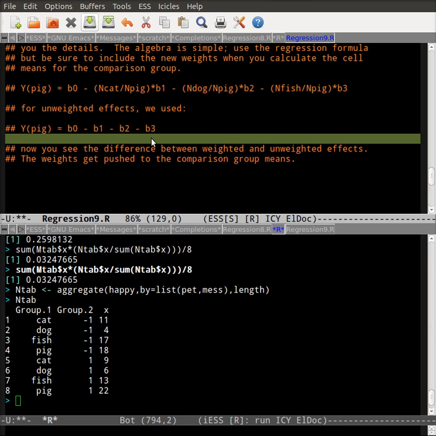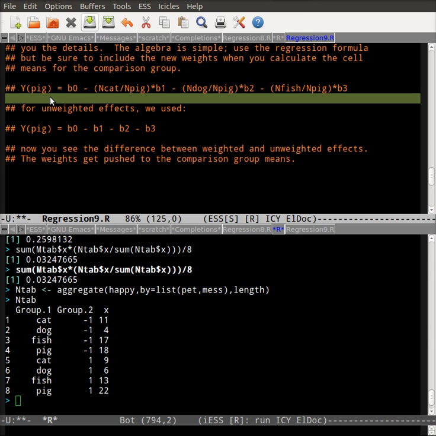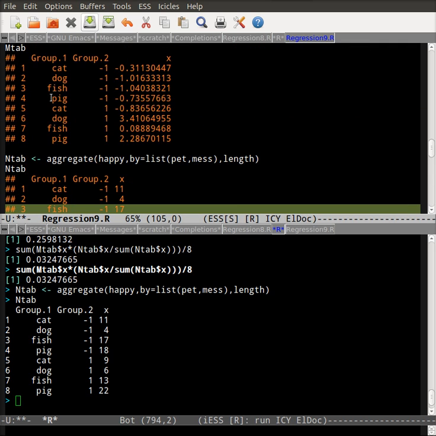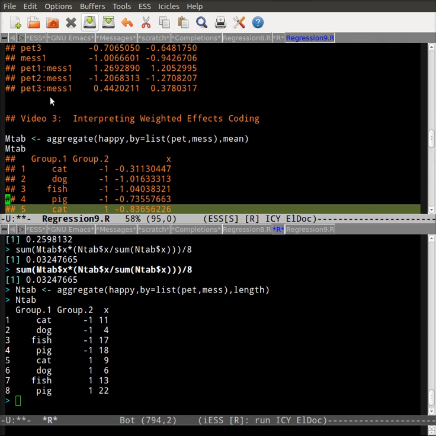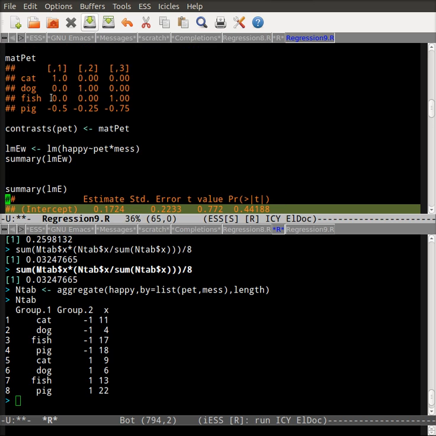Okay? So the difference between weighted and unweighted effects is that the weights push all of the group mean differences toward the comparison group. And you'll notice, just by simply looking at the coefficients that we have for our models here in the matrix, that my cat variable, that's my cat weighted effect, still gets a 1.